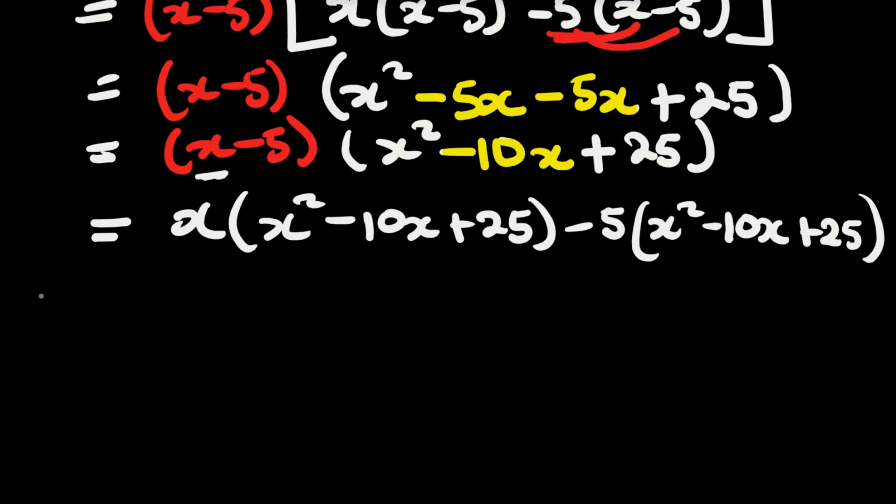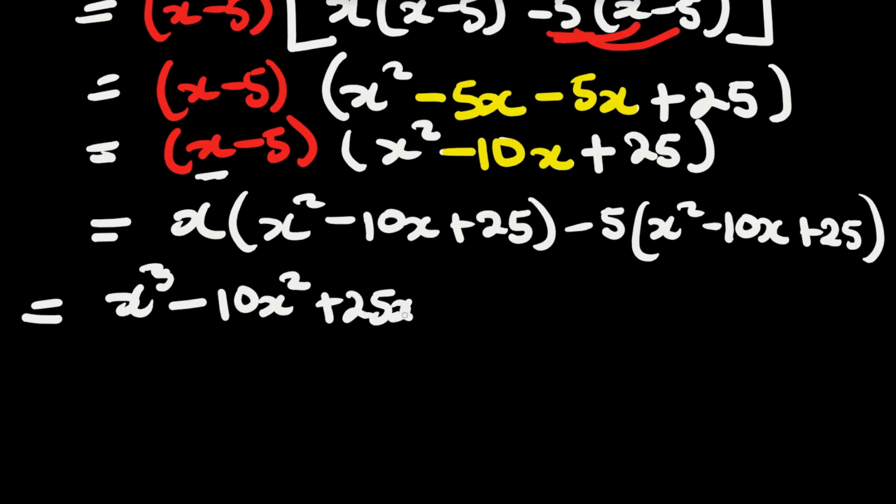So our next step from here would be that we multiply. Now we can distribute. x multiply x squared, it's x to the power 3. x multiply negative 10x, it's negative 10x squared. x multiply 25, it's 25x.